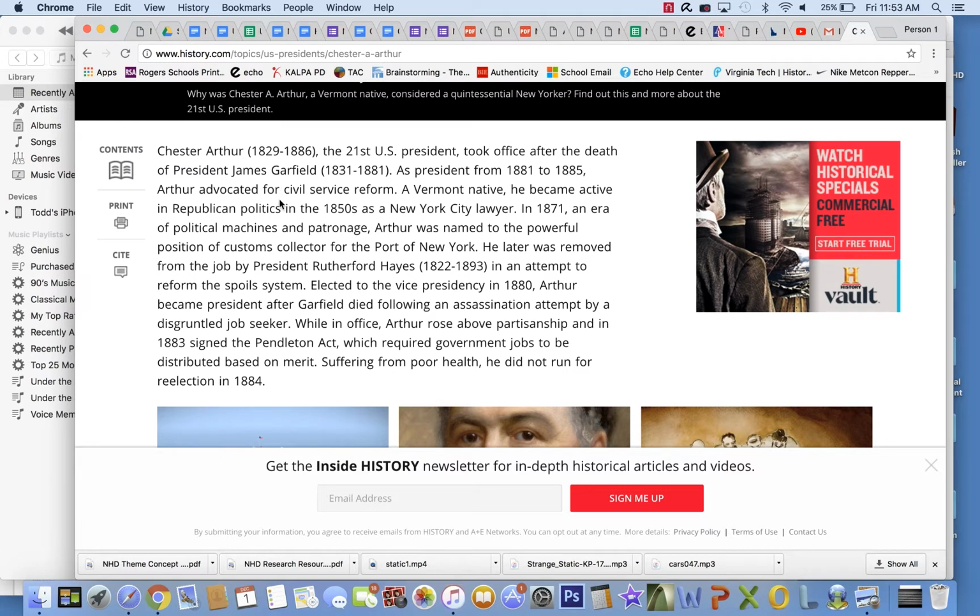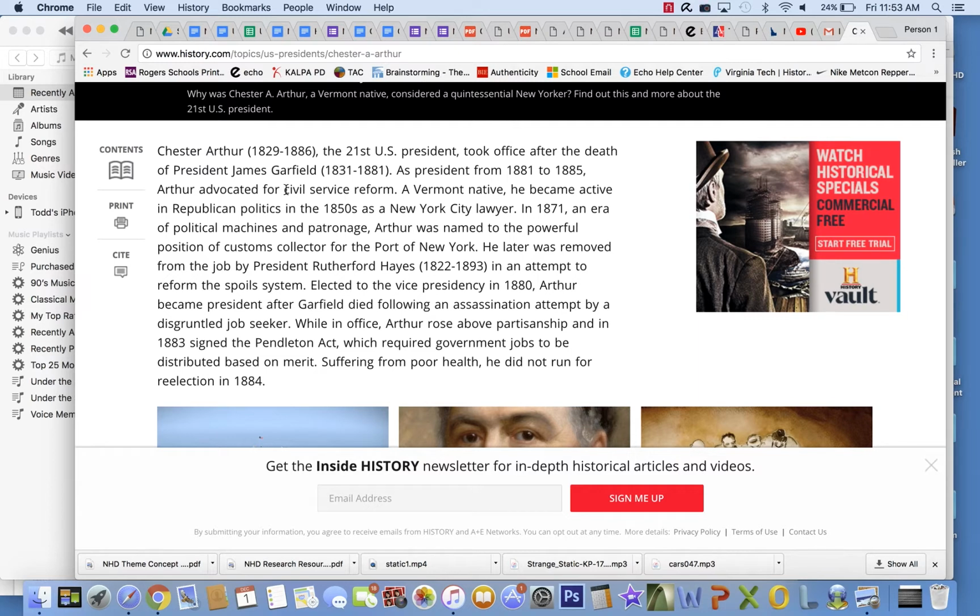So things like, this doesn't sound interesting at all to you probably, but like postmaster generals and tax collectors and all these things, they would pass those positions out to people that were friends with him. And so it meant that you didn't have to have any qualifications for it. And it meant that basically it was a really corrupt system.